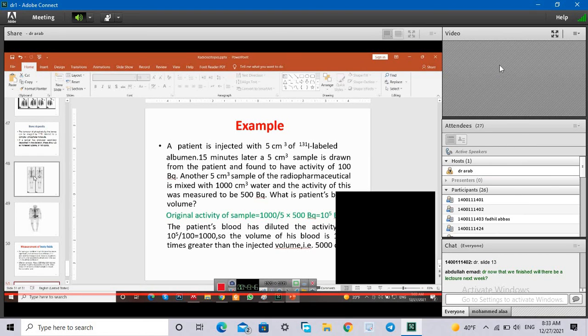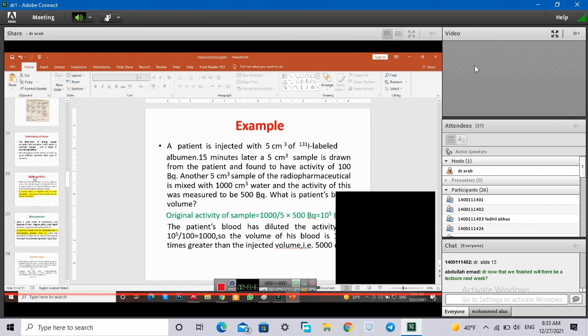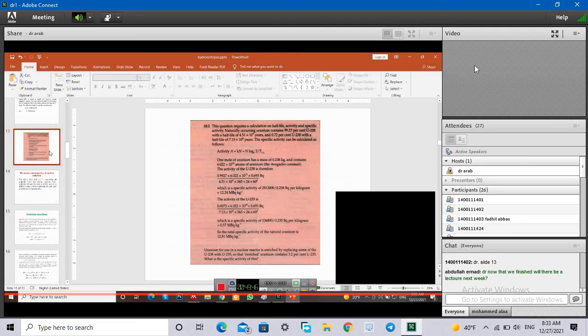Okay, slide 30. Yes, I think we have 3 sections in the next weeks that are related to sonography, physical ultrasonography, which is very, very important for you as physicians.